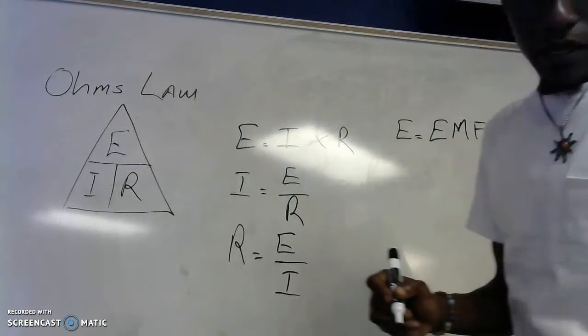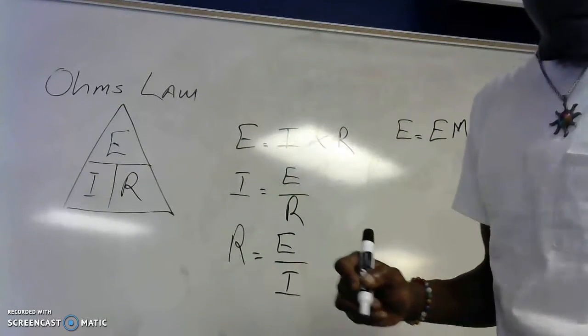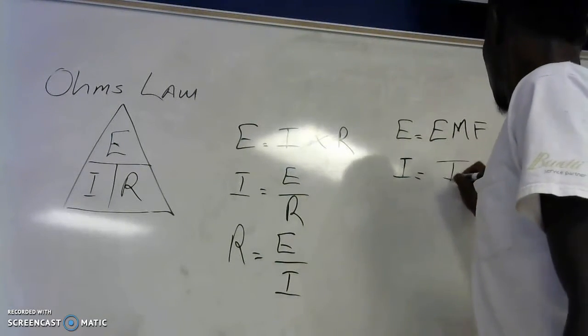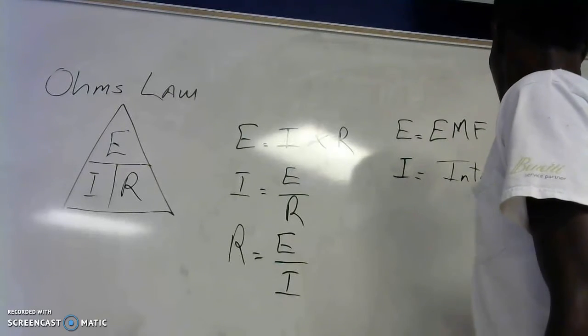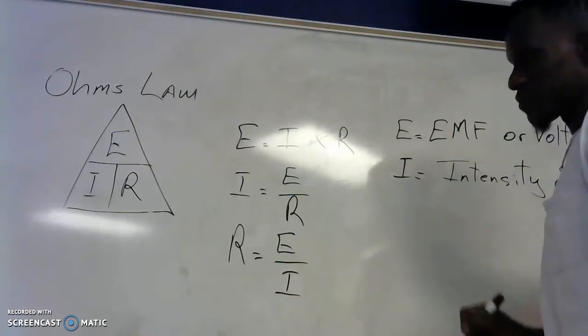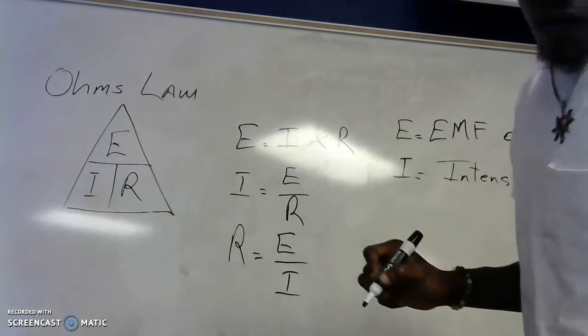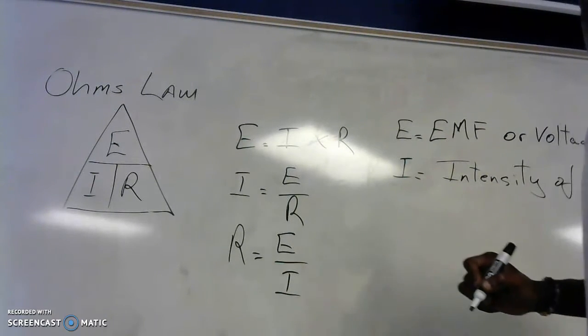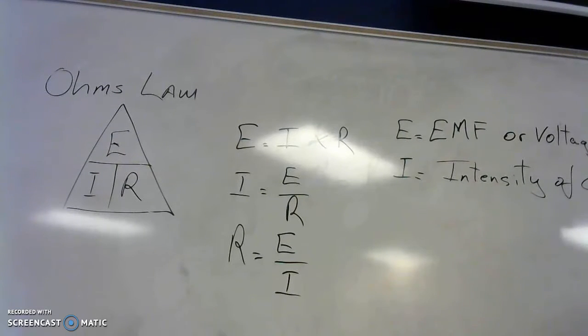And then we have I, which is the intensity of the current, which is measured in amperes or amps.